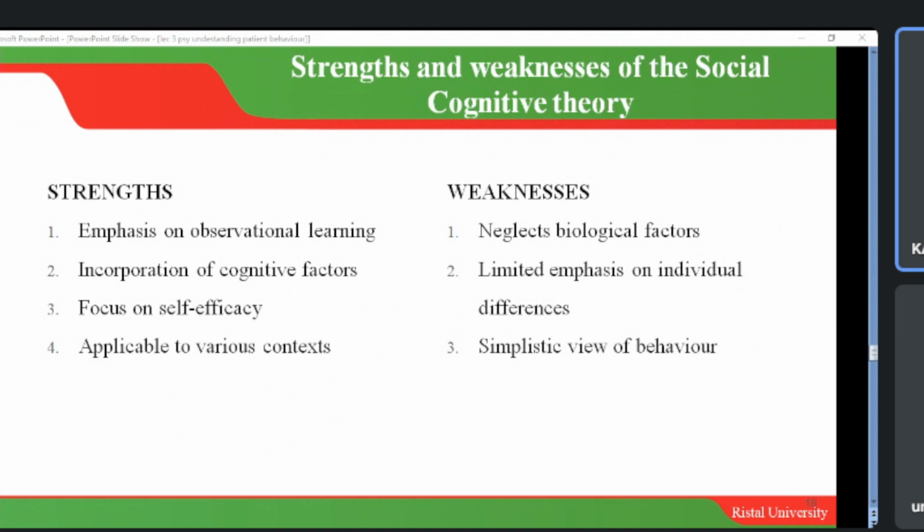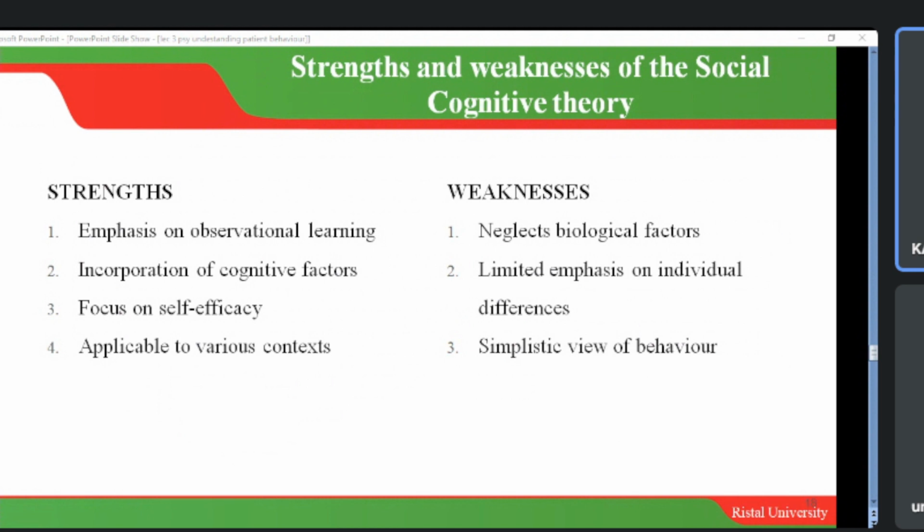Individuals look at themselves whether they are able to perform what they have learned from others. That's what we mean by self-efficacy. So this theory has that aspect of focusing on self-efficacy, and it becomes a strength because it is true that individuals, before doing something, actually assess whether they can perform what they want to do.